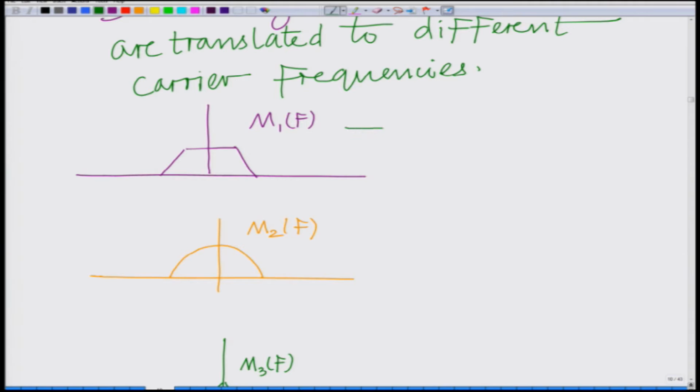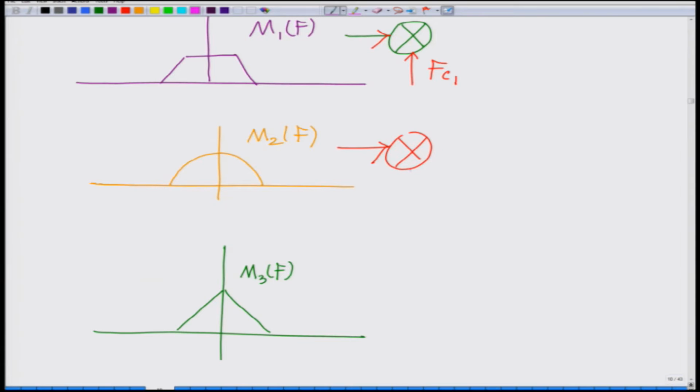Now, I am going to take the first signal and translate it to carrier frequency FC1. I am going to take the second signal and translate it to a different carrier frequency, let us say FC2.